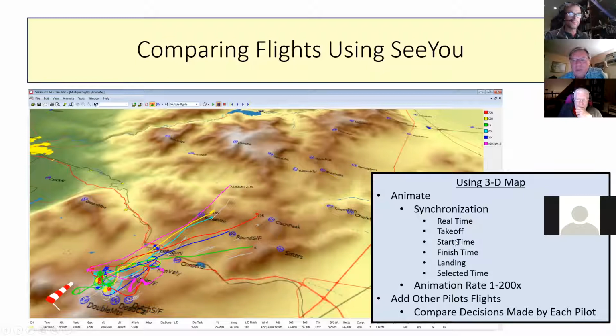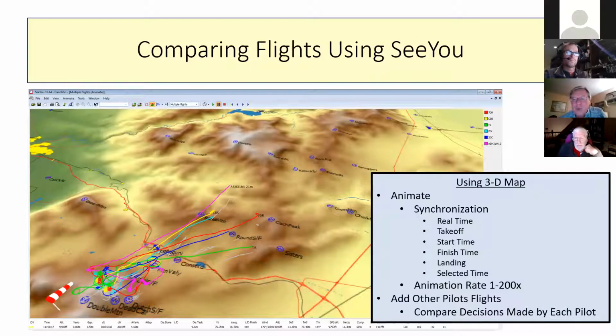Takeoff, that's not so important. Start time is fun with this, like this particular flight, where we're all starting at the same point. We're all doing the same triangle flight path. So that's the way I'm going to show it tonight. Finish time would be interesting too. You can synchronize it where everybody ends at the same time. But when you do it this way from the start, it actually looks like a race.